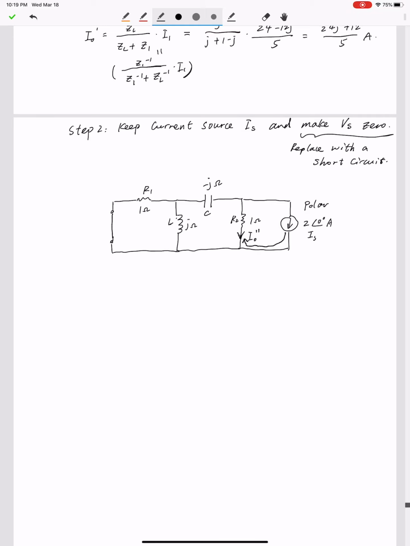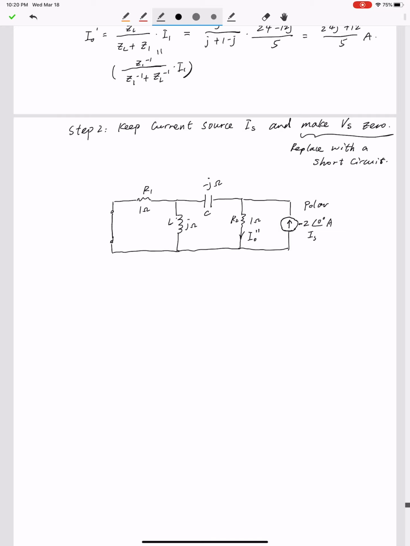In other words, to make these analysis procedures easier, we can flip the direction of current source Is, and let's make it point up. And by doing that, you need to add a negative sign in front of the current source output value, right?